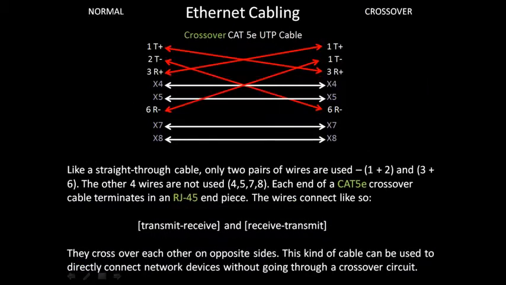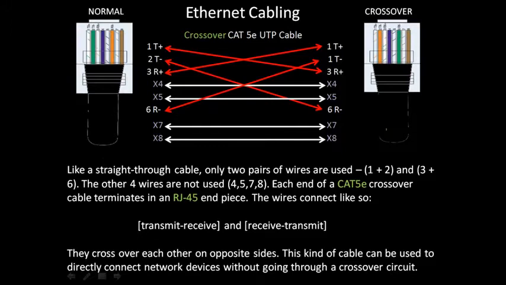The next type of Ethernet cabling we want to look at is a crossover cable. In this case, we have Category 5E unshielded twisted pair cable. Notice that the ends are inverted, so you have one normal end, and on the other end, you cross over transmit to receive and receive to transmit. Like a straight-through cable, only 2 pairs of wires are used, 1 and 2 and 3 and 6. The other 4 wires are not used, in other words, 4, 5, 7, and 8.